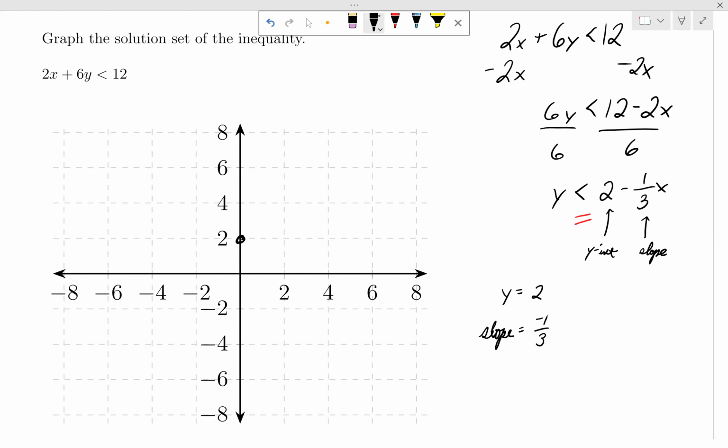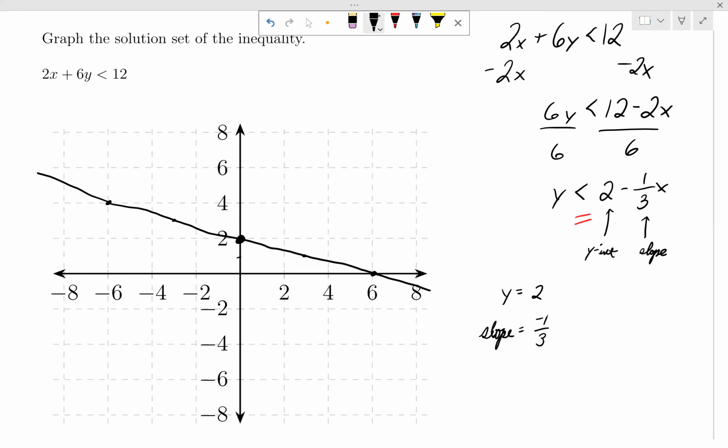So we start here, and our negative slope would look something like this. All right. This is what the line would be if it was equal to.